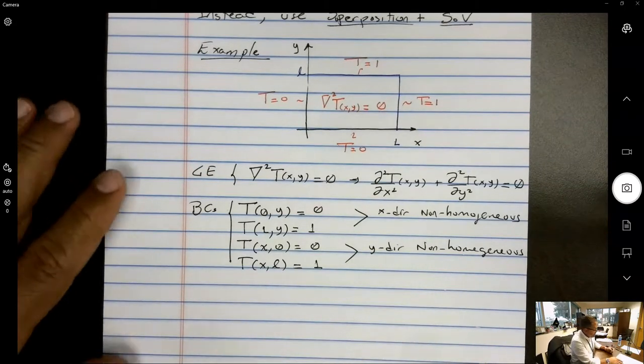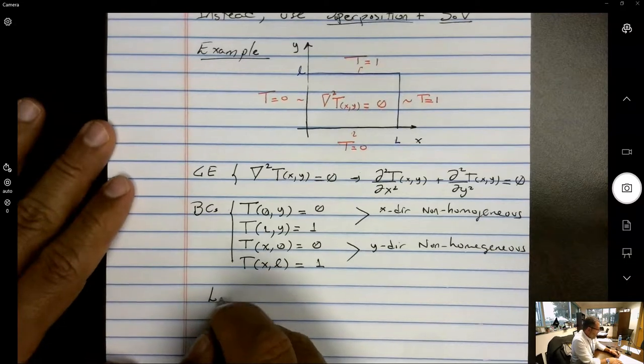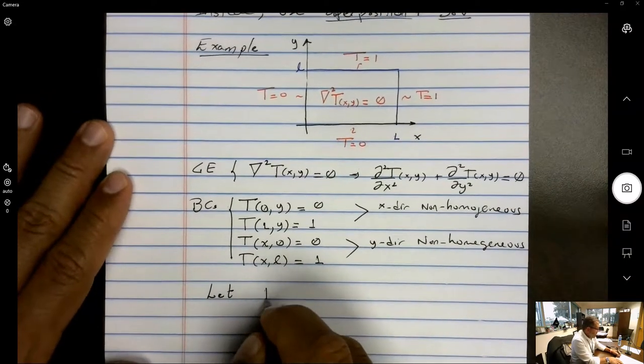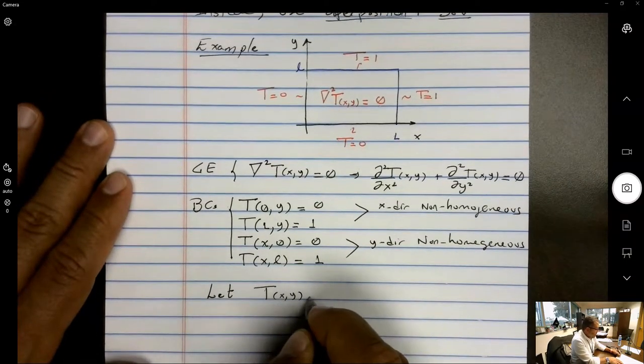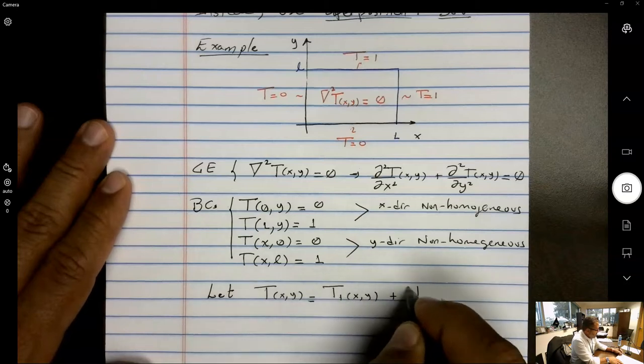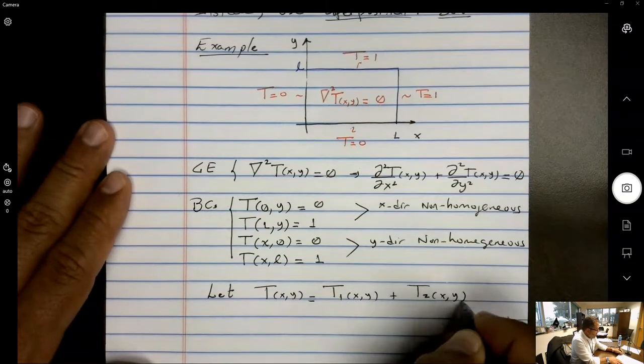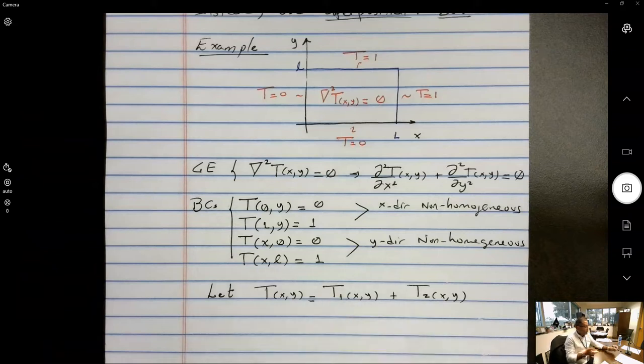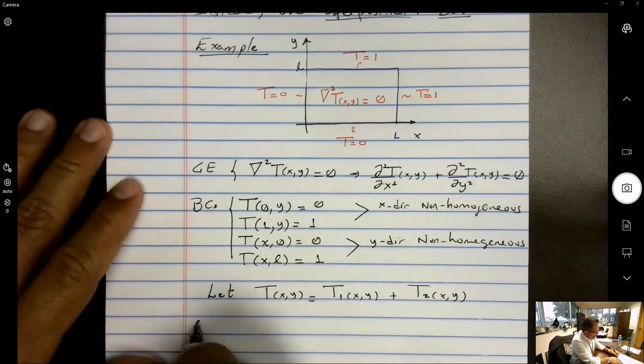So the key to this is, let's make an arbitrary decision and let the temperature of x and y be equal to some temperature T1 of x and y plus temperature T2 of x and y. This is what we call superposition. We're superimposing two possible solutions. And then we're going to make an assumption.